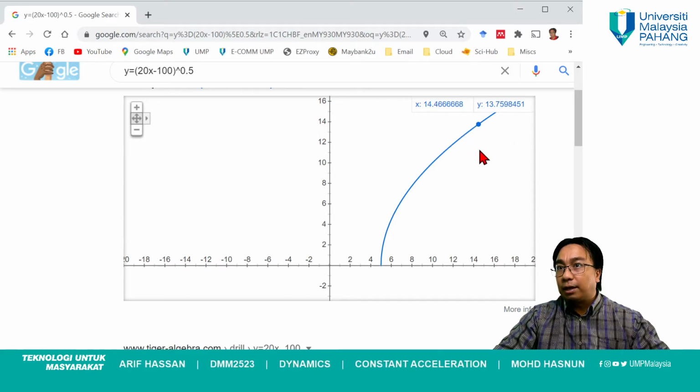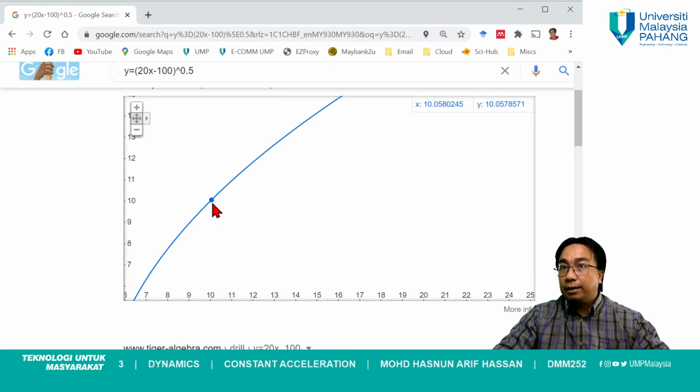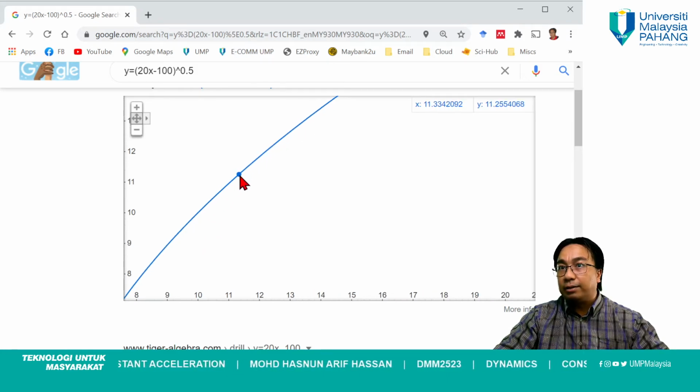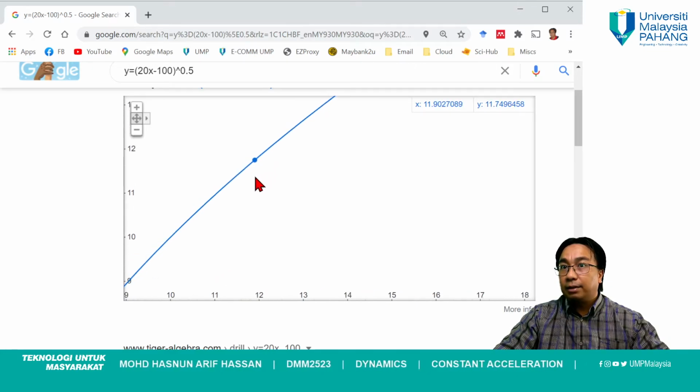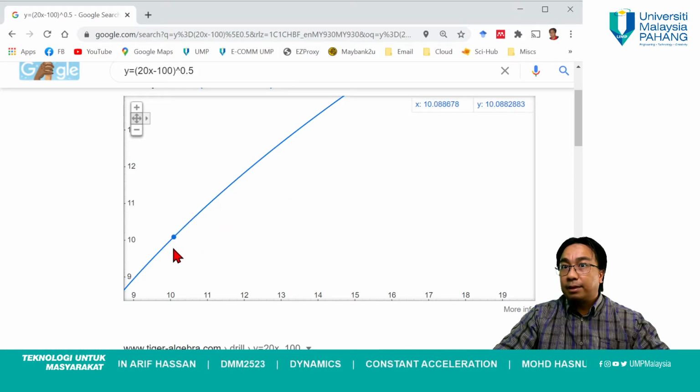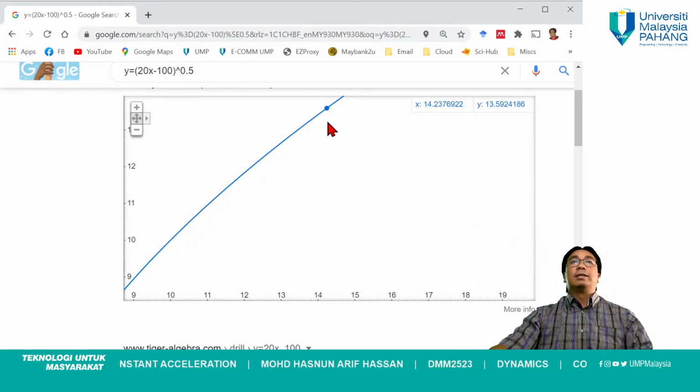So basically kalau kita zoom in, 10 dekat sini, 15 ni dekat sini, dia almost macam straight line juga. Okay, saya zoom in lagi. 10 until 15 ni nampak? Walaupun dia sebenarnya curve, tapi dia macam straight line lagi lah. Untuk 10 until 15, dia macam curve ke atas gitu sikit je.